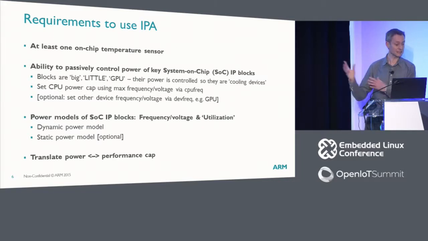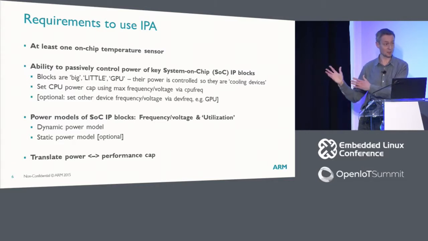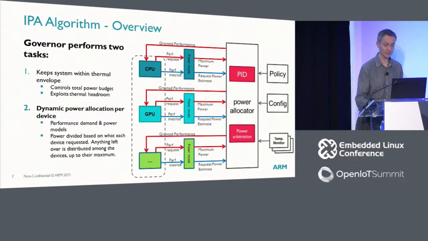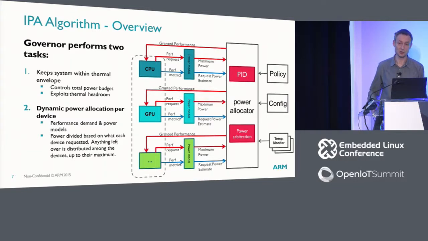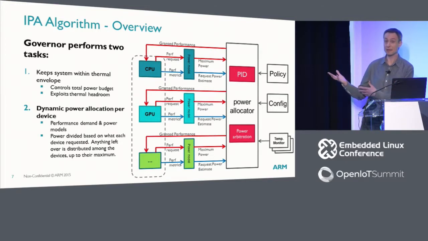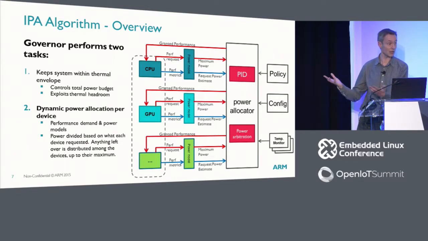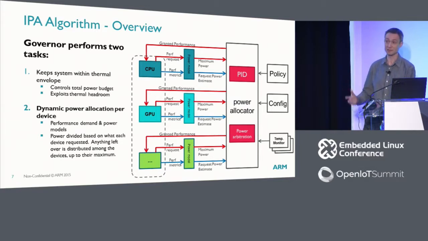Basically this power model is able to translate between power consumption of the SoC and the performance cap. Okay, so it's not too difficult. You can optionally write the static power model. The dynamic power model can be quite simple, and for the CPUs, we've written one anyway. So it's just a matter of configuring the coefficients.